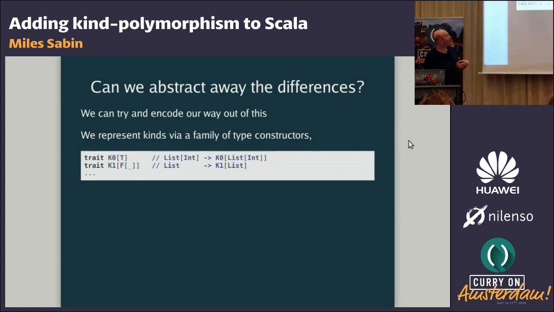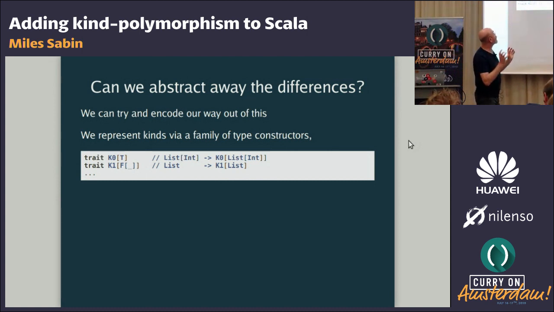However, what we can try to do is define some auxiliary traits which are going to try and abstract away the differences between the kinds. So here we might attempt to wrap a fully applied type in a type which captures the idea that this is a type of kind star, and then we could repeat this for capturing a kind of star to star, and then we might hope to fill these in in a relatively ad hoc kind of way.